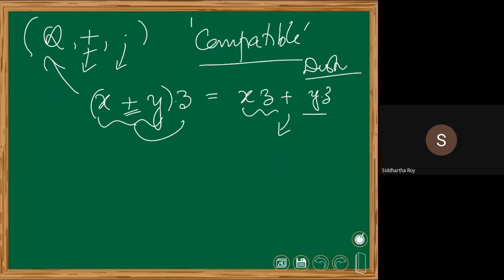Whenever you are saying that Q has the distributive property, it just says how your two operations are behaving with each other, in the sense that x plus y, you add two, then multiply, that is going to be the same as multiply first and then add.